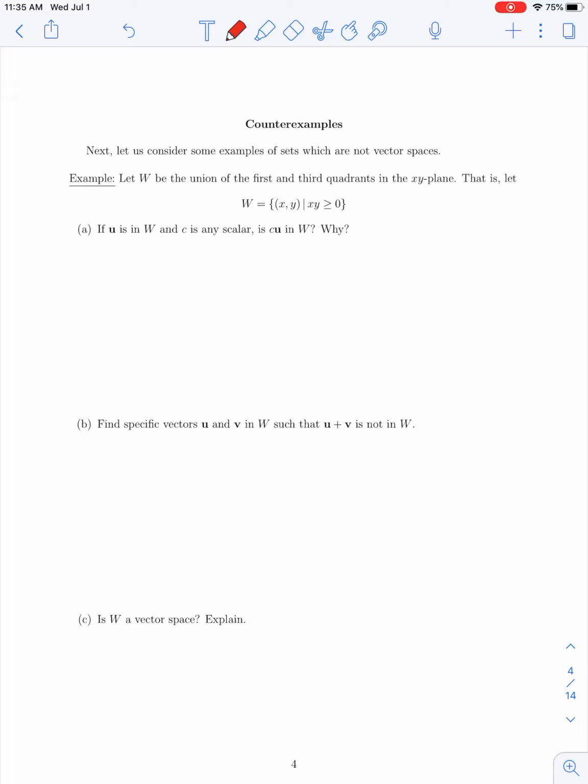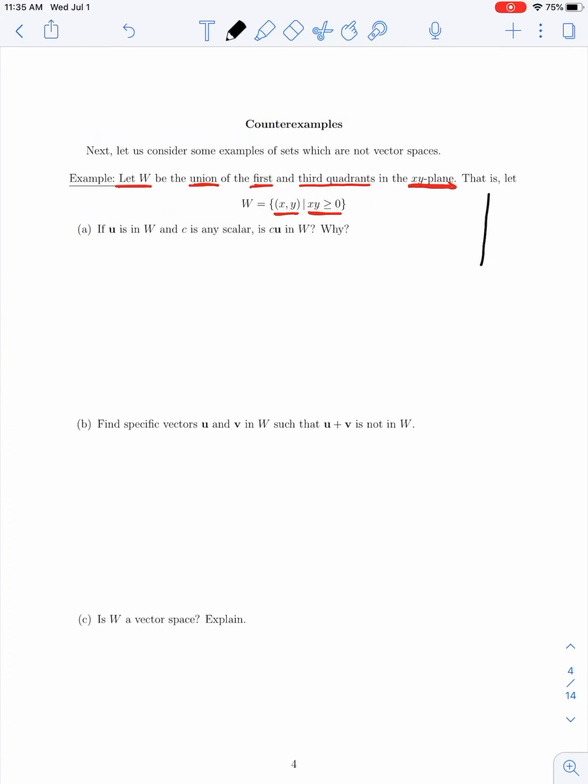So as an example of this, let's consider the set W, which would be the union of the first and the third quadrants of the xy plane. So that is, W is the set of all points in the xy plane such that the product of x and y is non-negative. So let's visualize this space here.